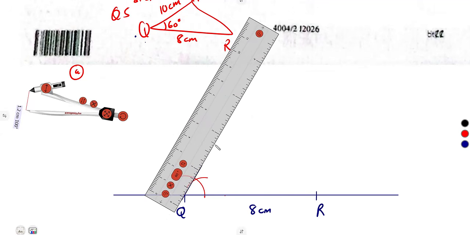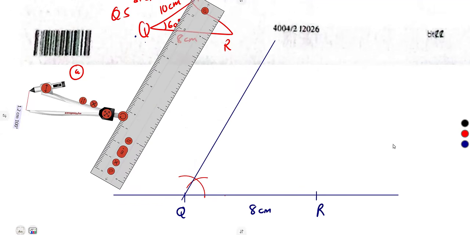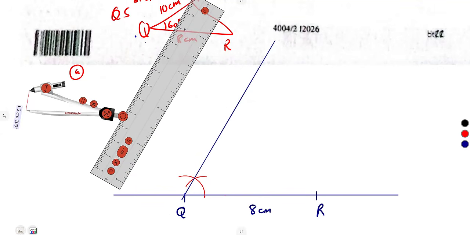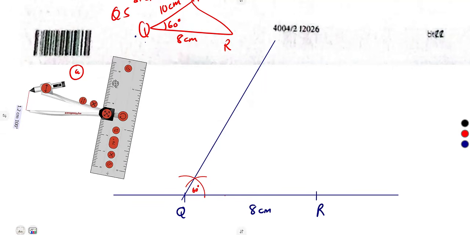Let me try to adjust this arc something like this, so that it can be properly intersecting at this point. So that was the angle of 60 degrees that you have formulated. You can just ignore that one or write 60 degrees. It is in your hands.